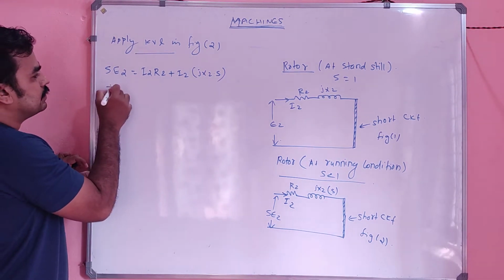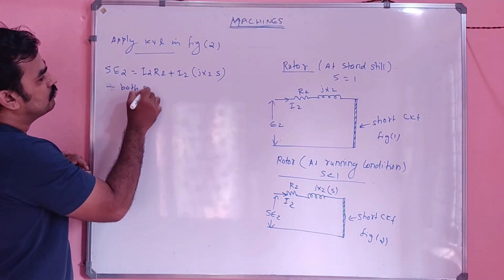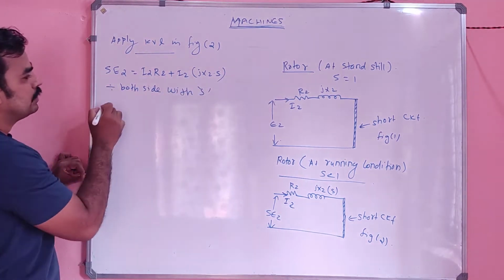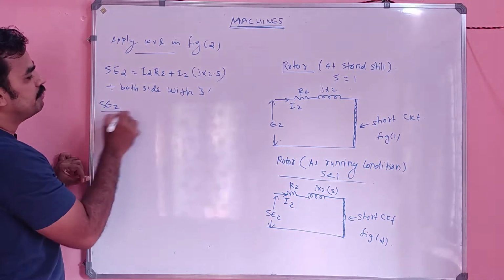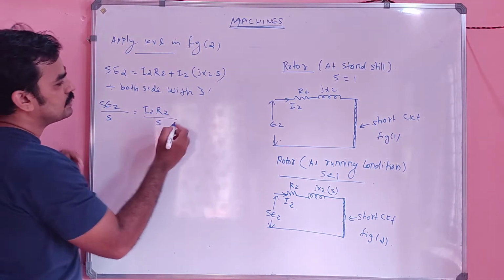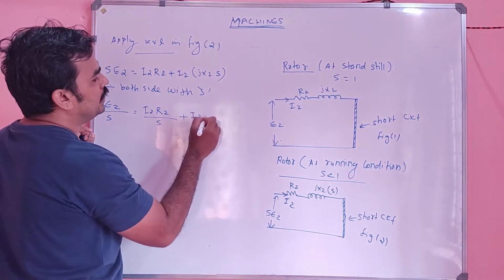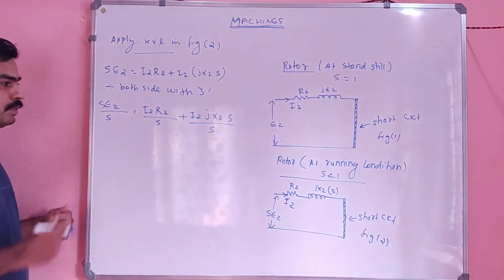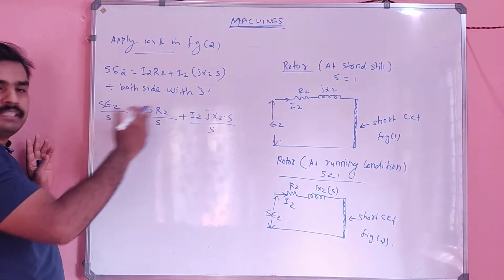So divide both sides by S. What do I get? S E2 divided by S equal to I2 R2 by S plus I2 into jX2 into S by S, correct? I divided both sides by S, my dears.